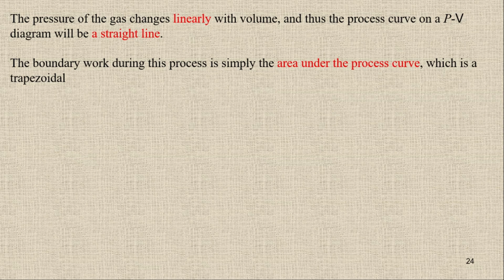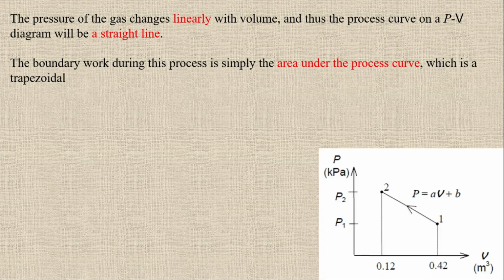And then if I'm going to draw the PV diagram, here we have V1, which is 0.42, and we have V2, which is 0.12 meter cube. But we don't know the values of P1 and P2, but we know A and B. So if I know A and B, simply using this equation I can find P1 and P2.